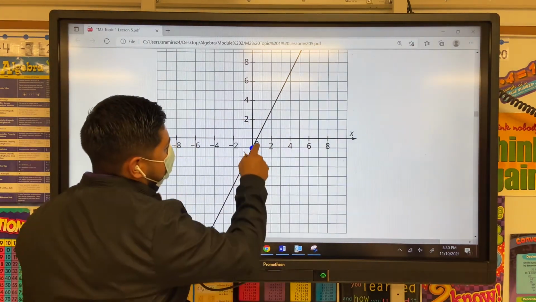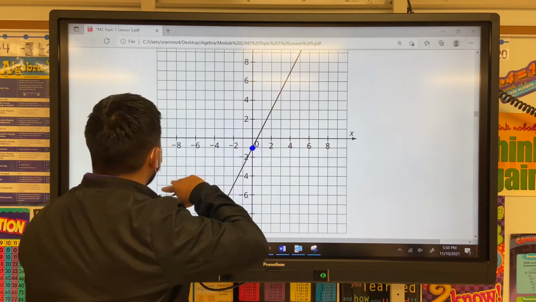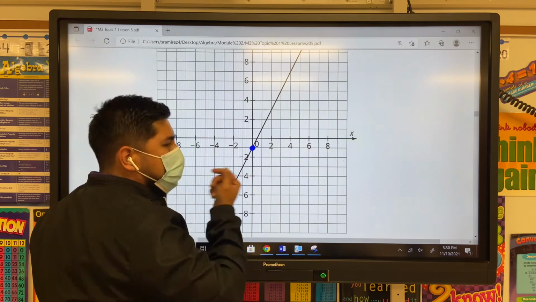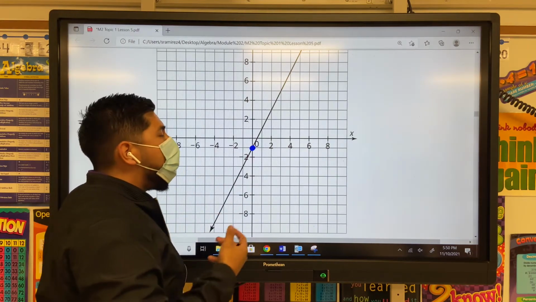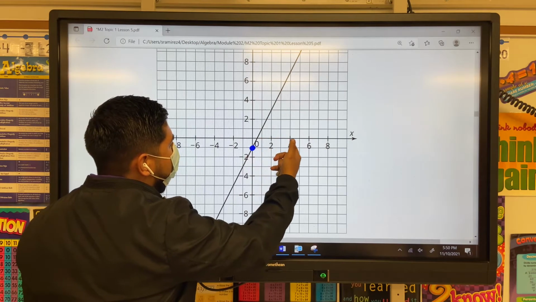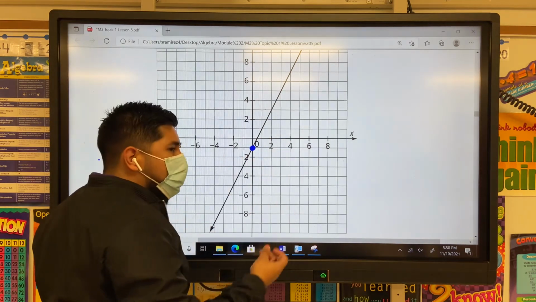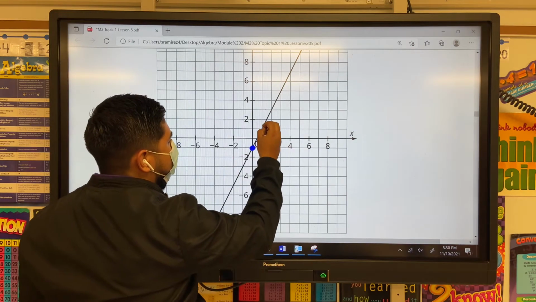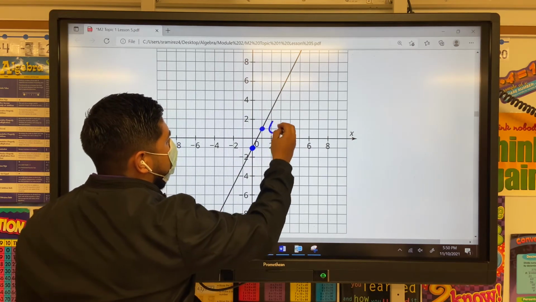Next, this is not a point where you see it above the 0. That is not a point. We can eventually figure out what numbers those are, but we're not going to see that because it's not crossing 1, 2, 3, 4, 5 or anything like that. We need some actual whole numbers. The next point we're going to see is right here, where it's 1, 1.